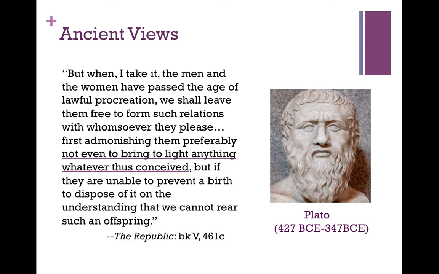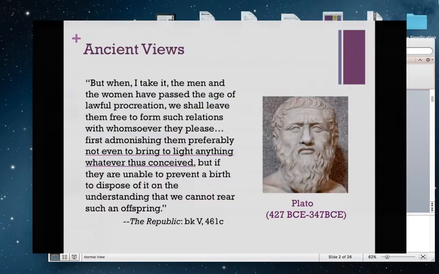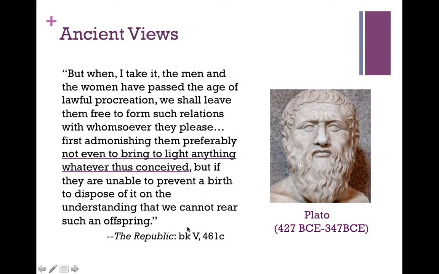I skipped over a part because I wanted to save the more radical thing. But basically what he's saying is that if parents know they can't afford to raise a child, then they should not even bring to light anything thus conceived. So basically they should have an abortion if they know that they can't afford to raise a child.